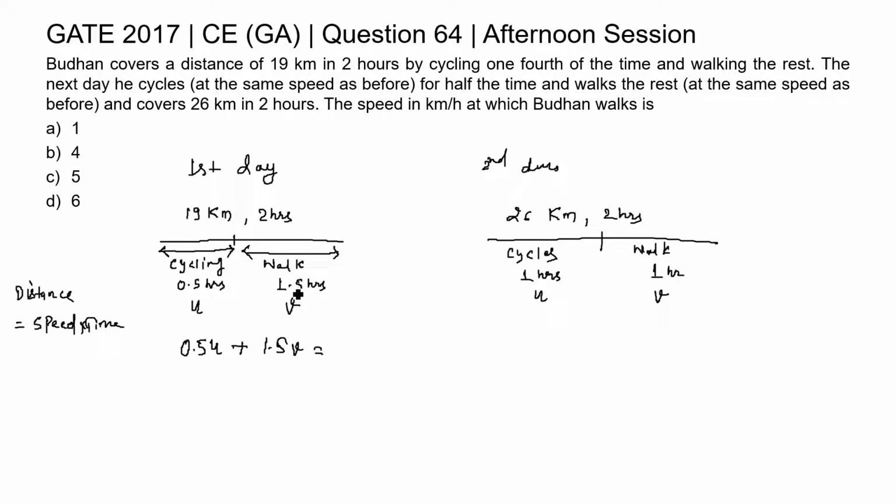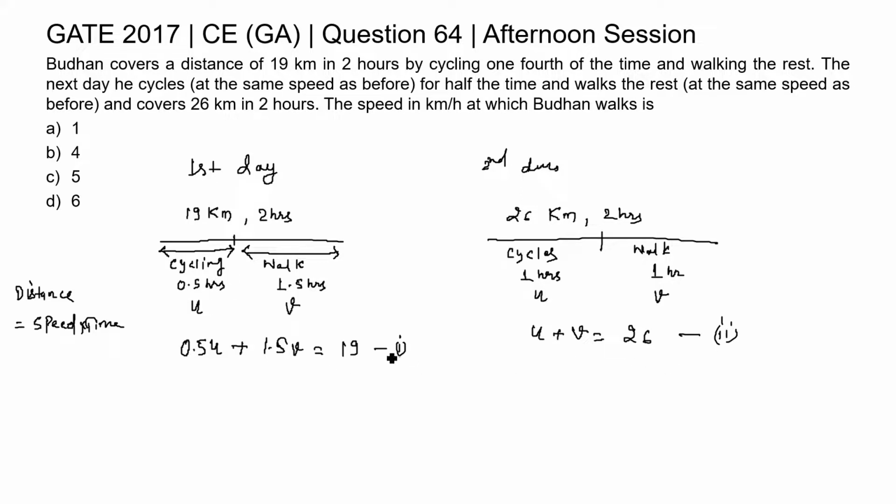So total distance is 19 kilometers. So this is 19. This is equation 1. And for the second day, u into 1, that is u, plus the distance v into 1, that is v, is equal to total distance, that is 26 kilometers. So this is equation 2.